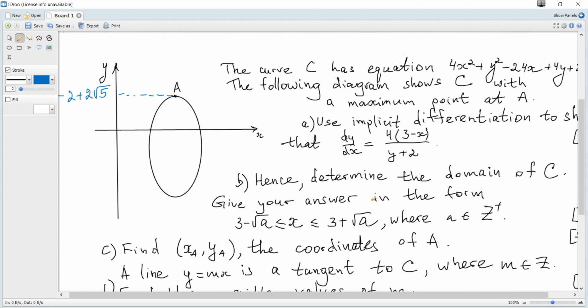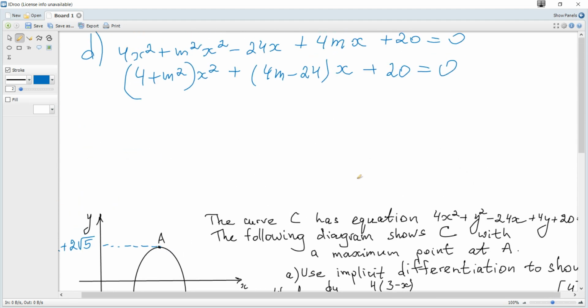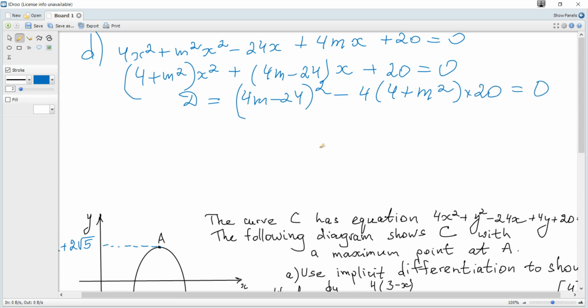A tangent means there is only one point of intersection, and since it's quadratic there must be only one solution, which means the discriminant should be 0. So we consider the discriminant b squared, 4m minus 24 squared, minus 4ac, and it must be 0.